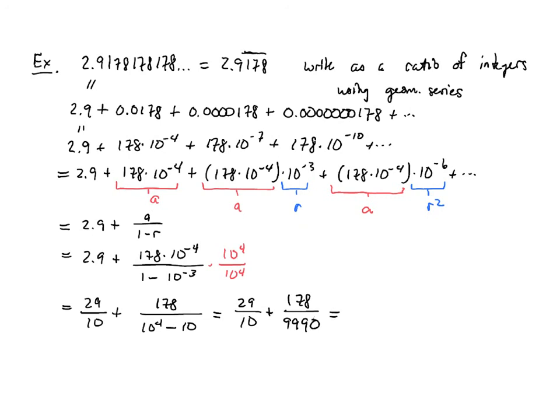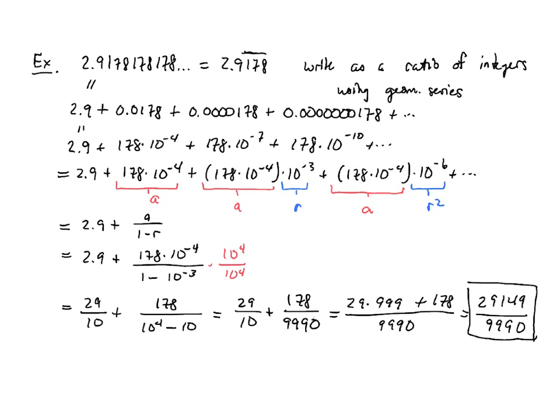And when I put those under a common denominator, I have 29 times 999 plus 178 over 9990, which simplifies, you can check, to 29149 over 9990. Another example of this you can see is in example 5 inside the textbook.